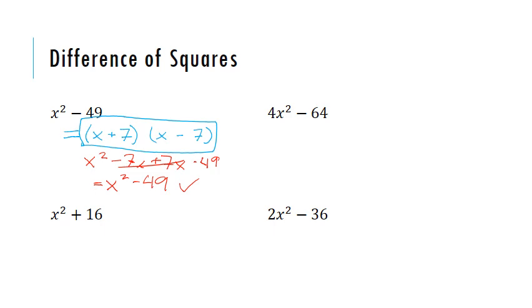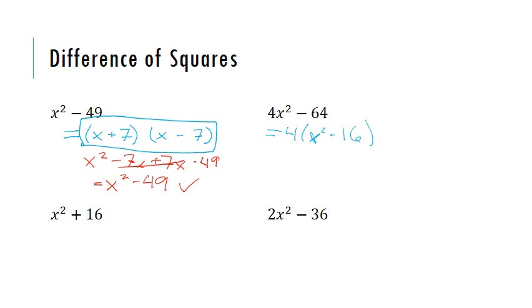Okay, just keep in mind, anytime you're doing anything with factoring, you always want to really quickly check for a GCF first. So before you dive into taking difference of squares for this 4x squared minus 64, you first want to factor out a GCF. So that's going to be 4, leaving you with x squared minus 16.